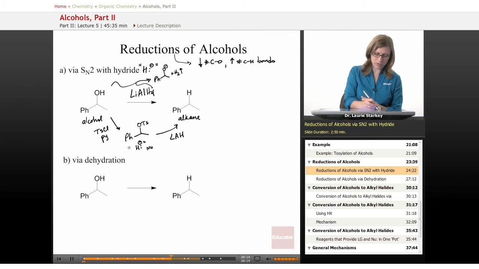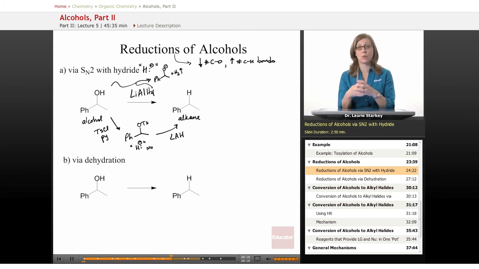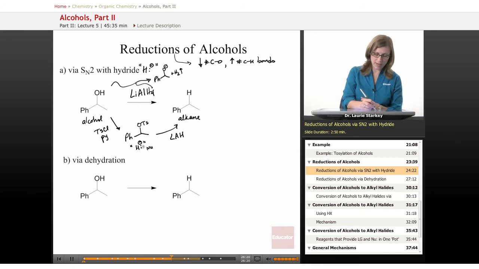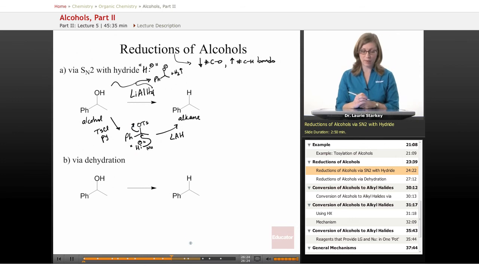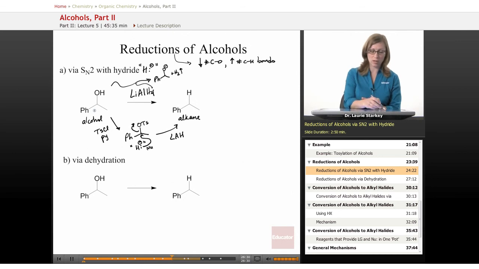Remember, we put little quotes around it because it is always coordinated with the aluminum. That's the nucleophilic hydride, and it will do an SN2, replacing a leaving group, in this case a tosylate, with a hydrogen. So overall, our transformation has been to reduce the alcohol.